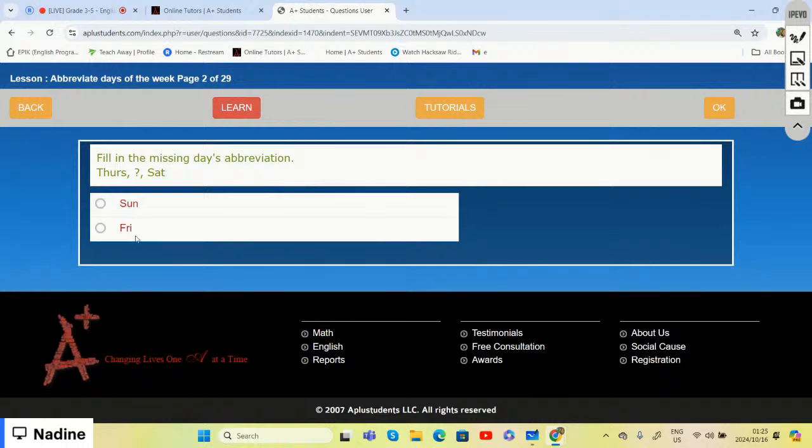All right, if we were to fill in the missing abbreviation, we say Thursday, blank, Saturday. What word is missing? Is it Sunday or Friday? Do we say Thursday, Sunday, Saturday? Or Thursday, Friday, Saturday? Which one is correct?